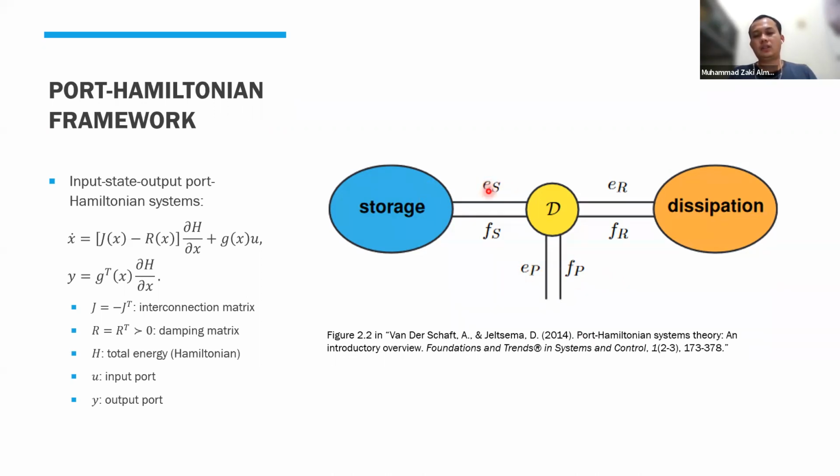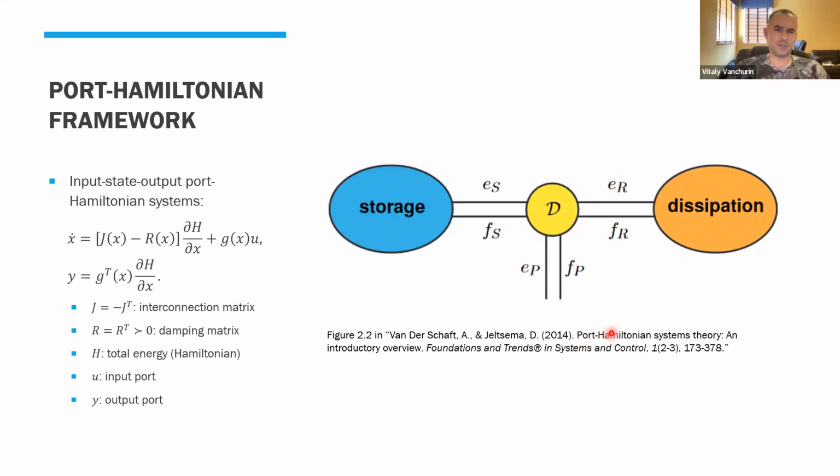And you see the symbols E and F here: E stands for effort and F stands for flow. So if you have effort such as force, you will get flow from the system. Typically, if we have force as the effort or the input port, the natural output port or the flow port would be the momentum in this case.